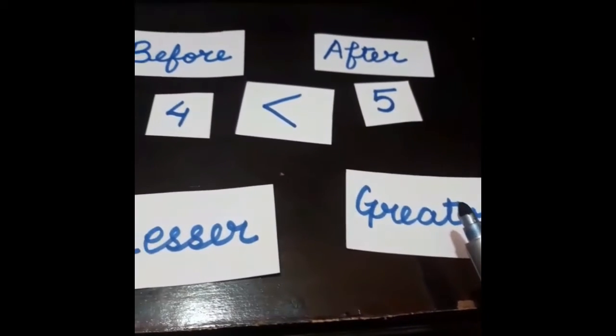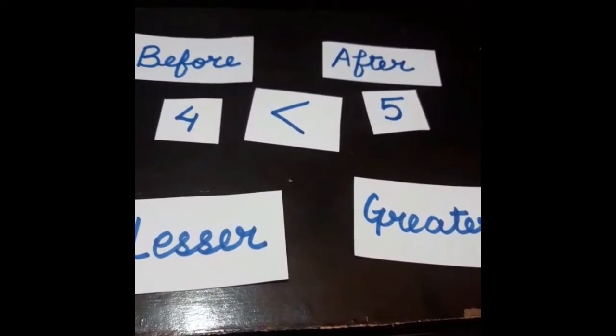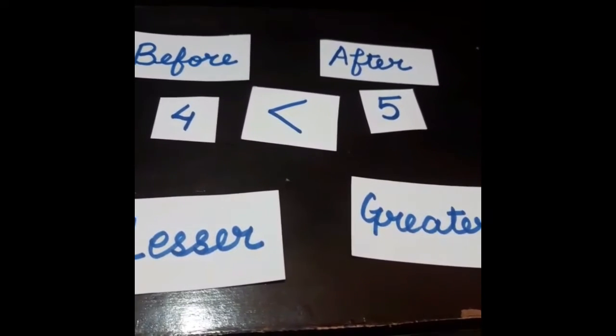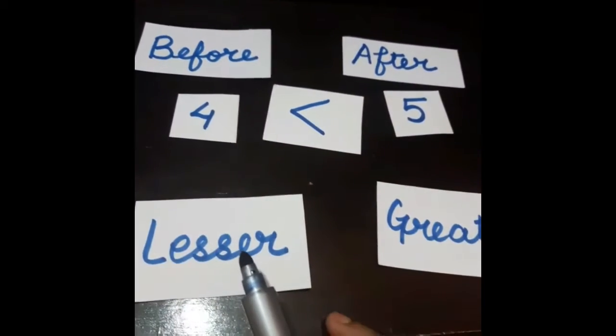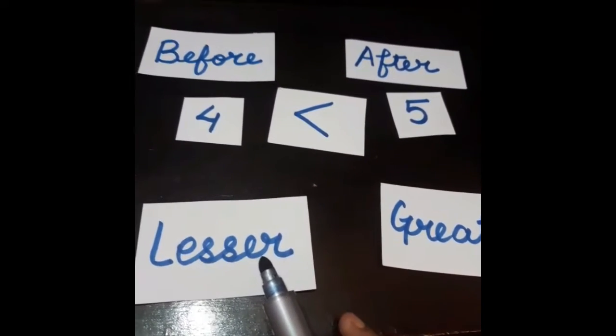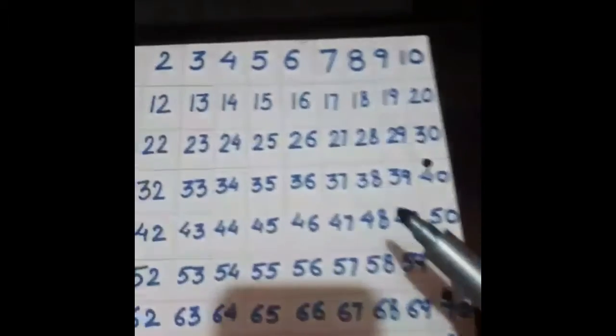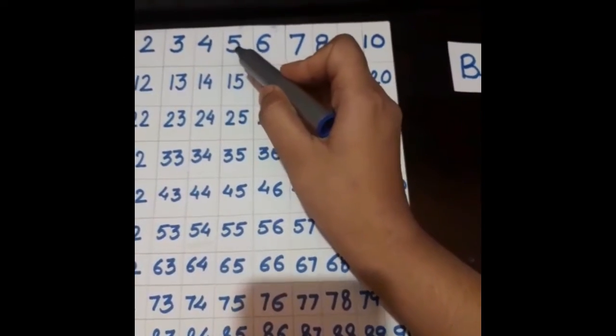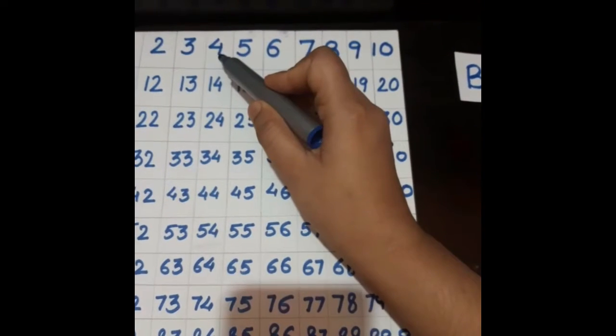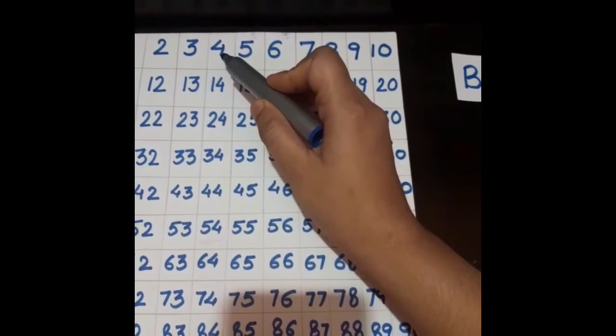So if we remove or make any number less by 1, we always get the number that comes before, which is lesser than the given number. You can look here in the chart also. 4 is lesser than 5. Why? Because 4 is before 5.